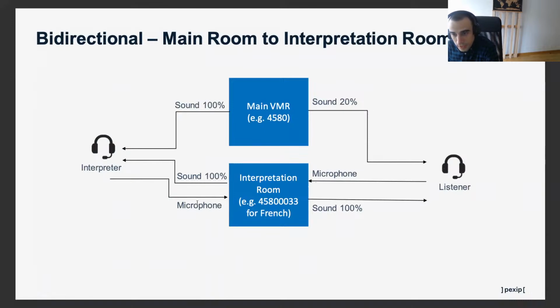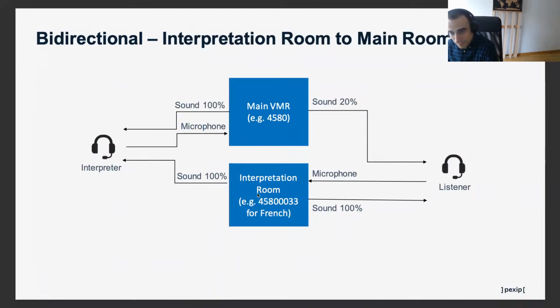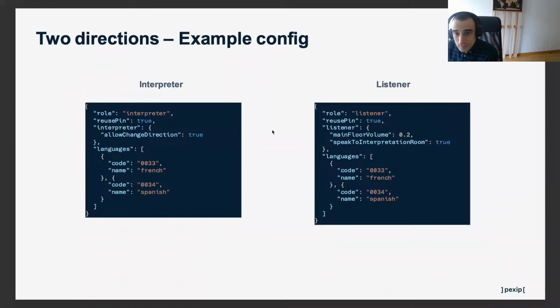So here the microphone is talking to the interpretation room, and right now to the main VMR. As before, this is the configuration. The only values that change are the ones that allow changing direction and speaking to the interpretation room.